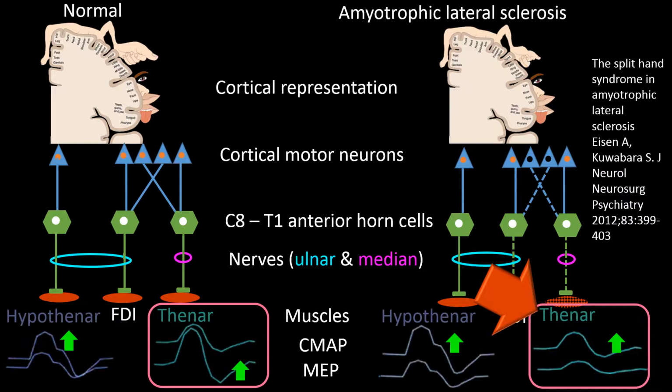These findings have been interpreted to indicate a smaller or at least a less functional central area of thenar muscle representation in patients with amyotrophic lateral sclerosis. And also it has been interpreted to indicate a central origin for the split hand syndrome found in some patients with amyotrophic lateral sclerosis.